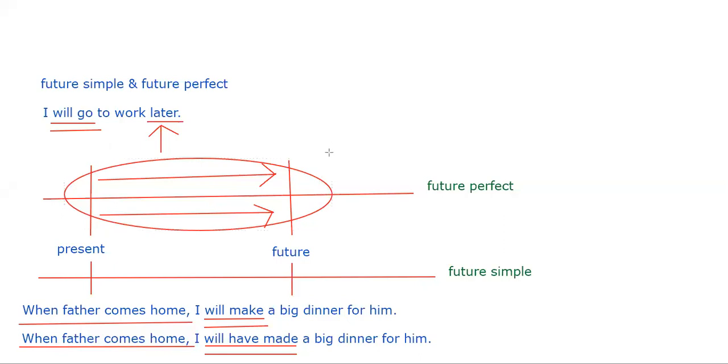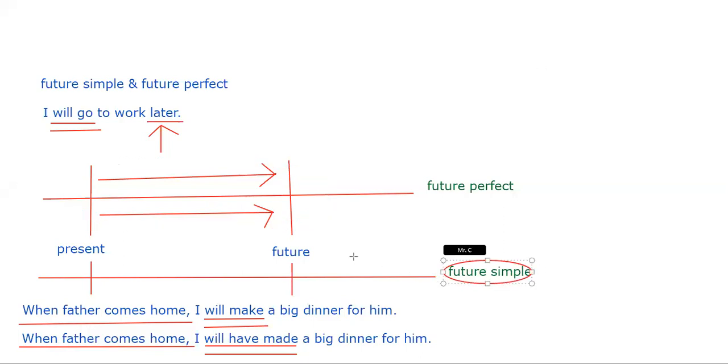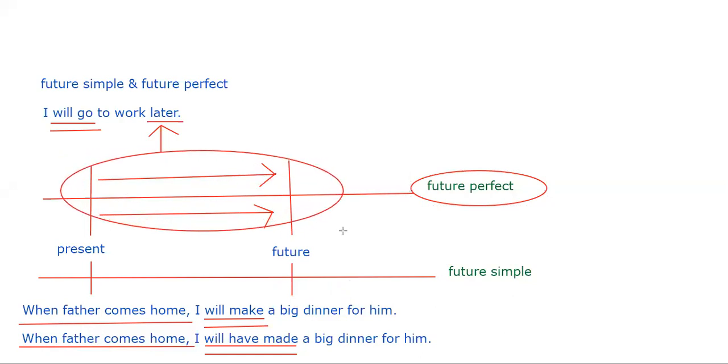So they're both future events, but with the future simple right here, it's going to take place entirely in the future. But with the future perfect right here, it starts in the present and goes all the way up to the future.